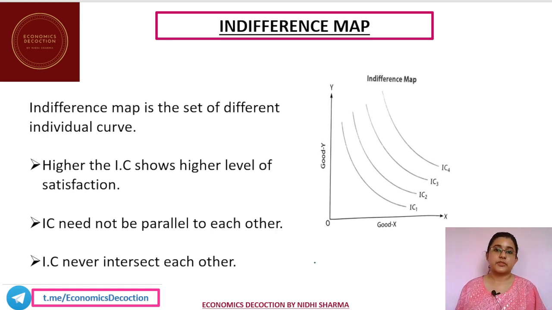ICs need not be parallel, and please remember, indifference curves can never intersect each other. This diagram shows us the indifference map where we have four indifference curves marked as IC1, IC2, IC3 and IC4.